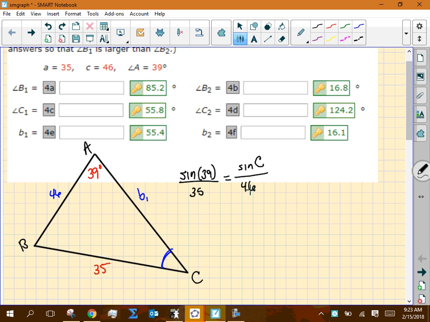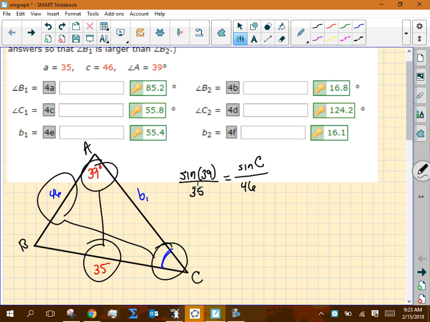That's what the law of sines says, right? Take angles and the sides opposite and write them as a ratio. Angle and the side opposite as a ratio. So there should be one more ratio, sine of B, capital B, over lowercase b, right?